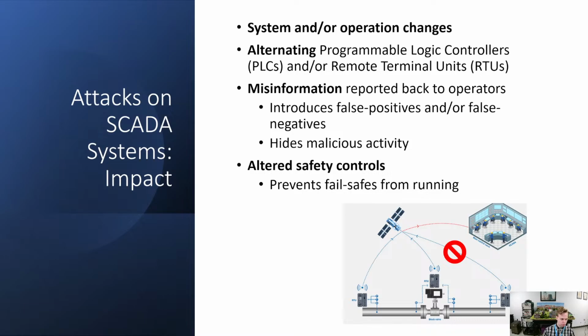So if something is going wrong, the operator might not know because the devices' traffic is being manipulated to report saying, hey, everything's good. On the flip side, these devices might be reporting saying, hey, everything is broken, everything is wrong. So engineers and safety personnel and anyone else might be dispatched to the field just to learn that nothing's actually wrong. And that wastes time and money.